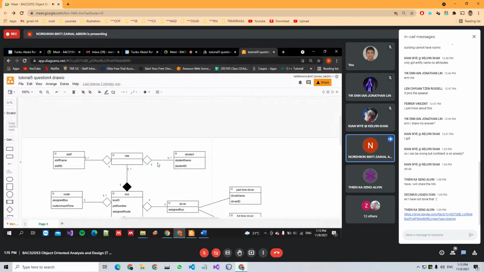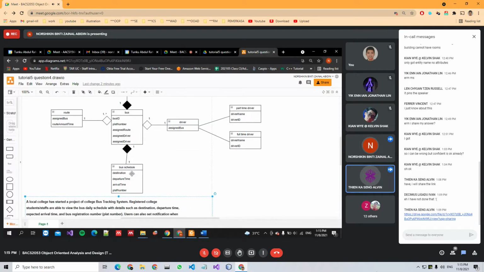Because I cannot find the relationship between staff and student. Is this your assumption, because both of them can ride the bus? I mean the multiplicity here. Is it your assumption?